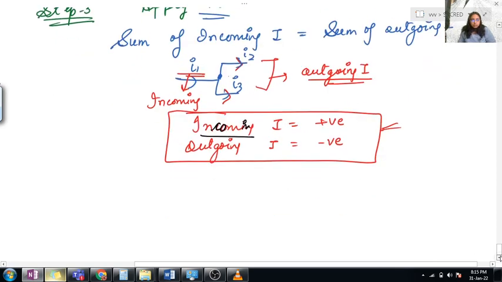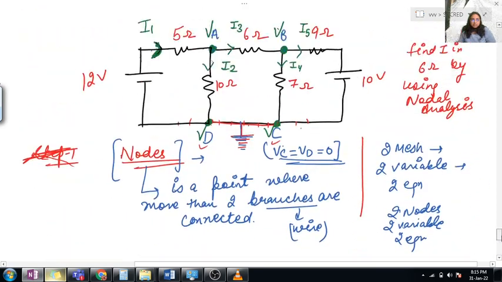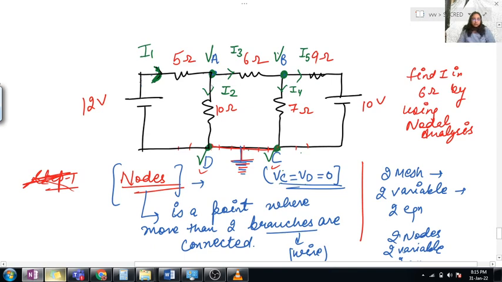Clear? So if we apply KCL in this case at node A, here I1 is the incoming current, right? So I1 must be positive. I2 is the outgoing current, so I2 must be negative, and I3 is also an outgoing current, so it must also be negative. So we can write that the sum of incoming current, which is I1, is equal to the sum of outgoing current, that is I2 plus I3.